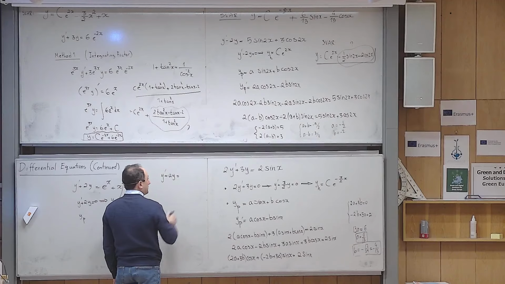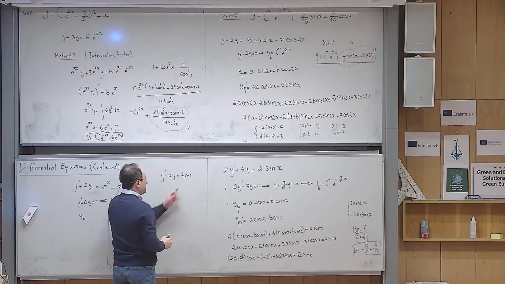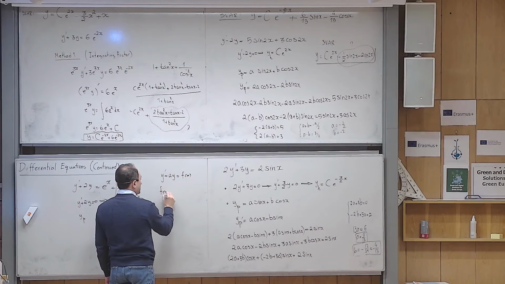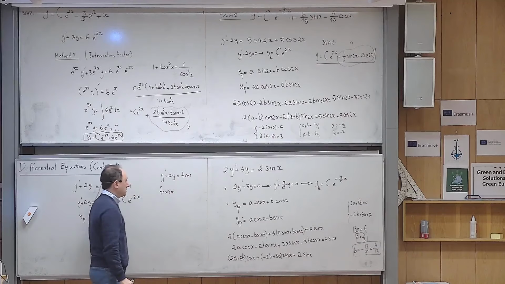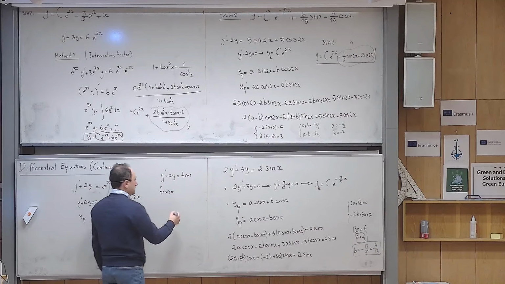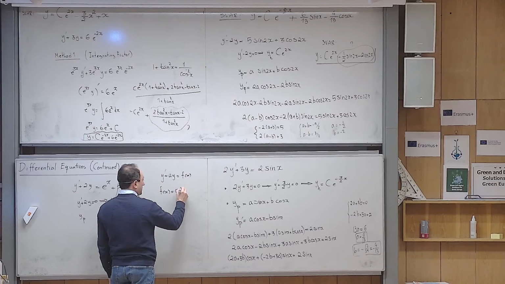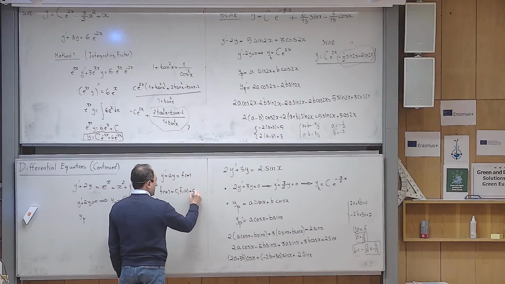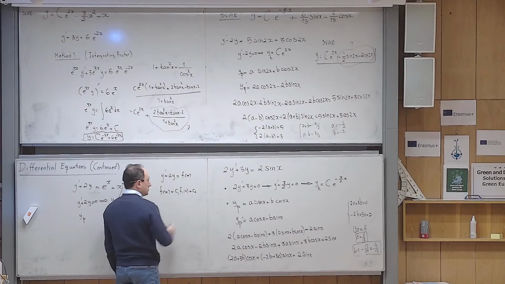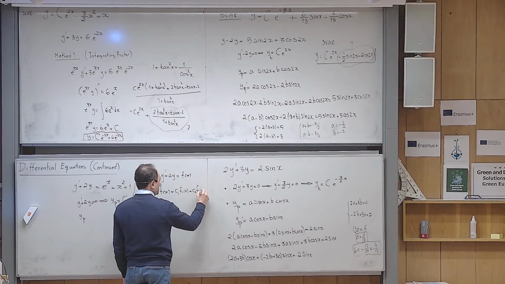I have f of x, but this f of x is a combination of two other functions, linear combinations. What do I mean by that? I mean a constant multiple of a function f1 of x plus another constant, say c2, multiplied by another function like that.